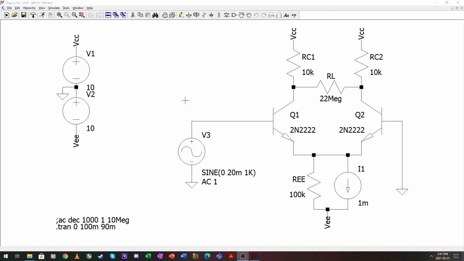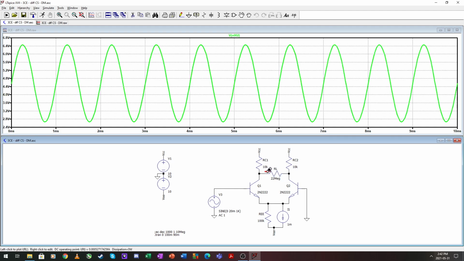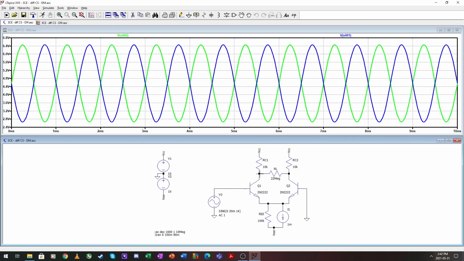So our differential mode, I put a 20 millivolt signal in on the one side, and if we run this, we should be seeing half the gain sitting on this side, half the gain sitting out of phase on that side.